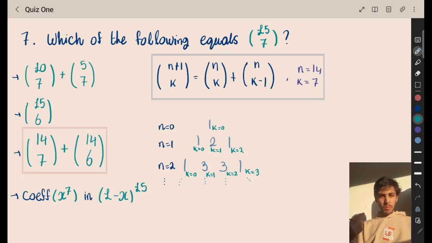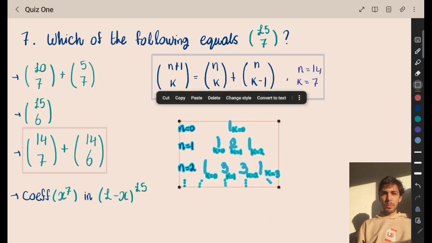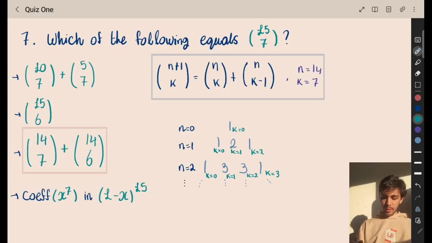And I would like to recall how we precisely construct each row in the Pascal triangle. So we have agreed that if I choose this number, it should signify the corresponding n and k.